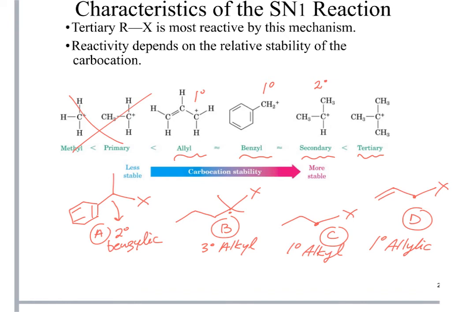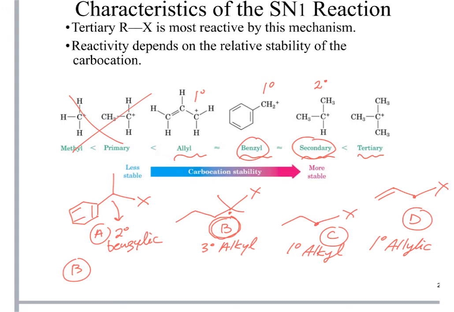So according to the table above, tertiary alkyl will be most reactive, and secondary benzylic, since primary benzylic has the same reactivity as the secondary alkyl, then we can deduce that secondary benzylic will be just as reactive as the tertiary alkyl carbocation.